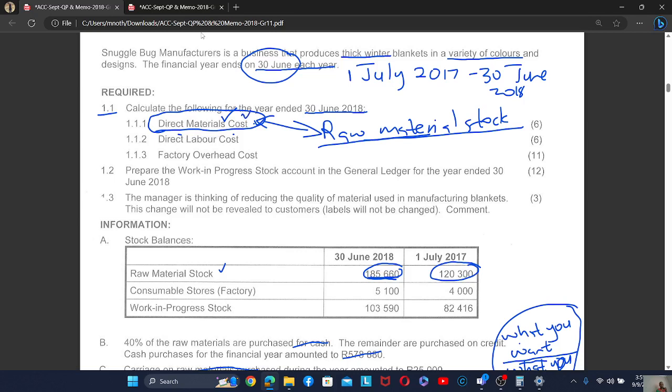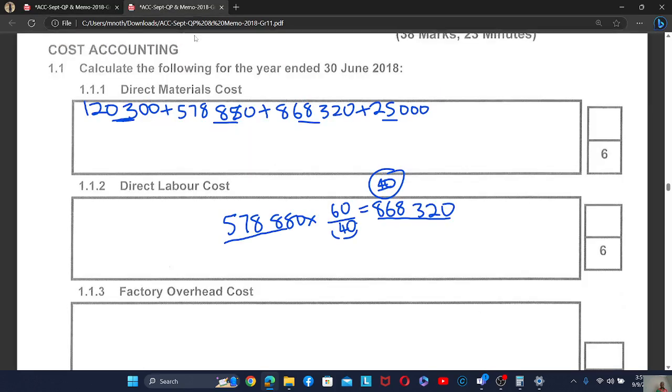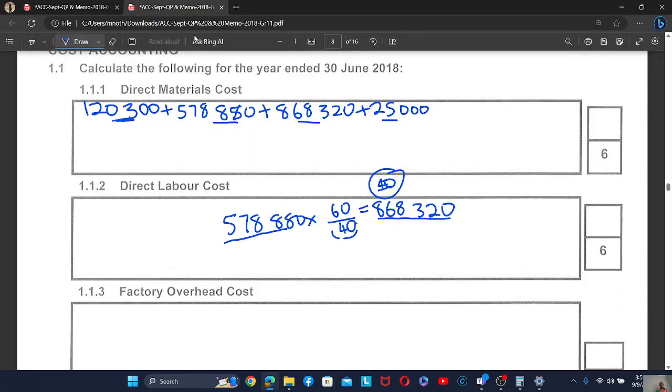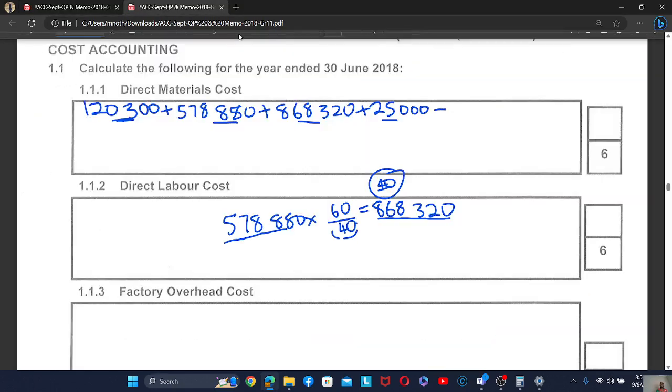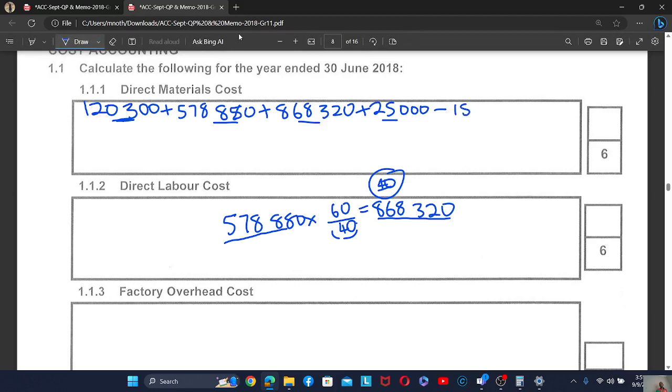So actually, to find out how much was sent to the factory, we must subtract the raw material stock at the end of the year, which is 185,660.